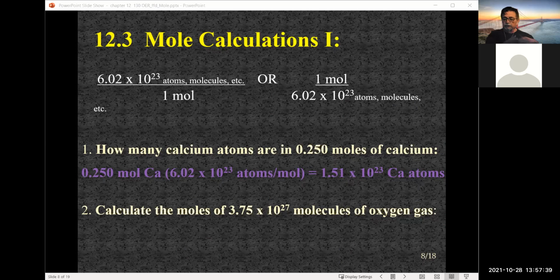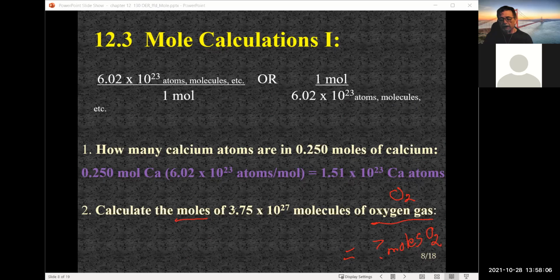All right. Now let's break down the second question. Calculate the number of moles. Okay, so obviously way over here, I got equal, and then I need to calculate the number of moles with respect to units. And we're talking about oxygen gas. And so O2 here, oxygen gas we know is O2.